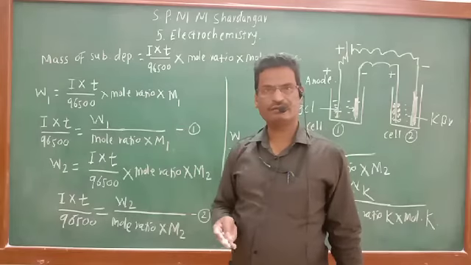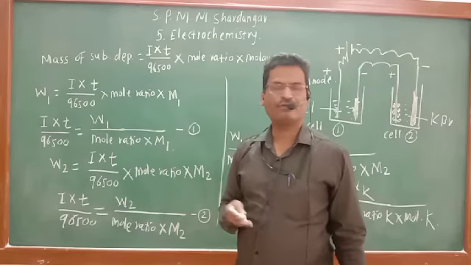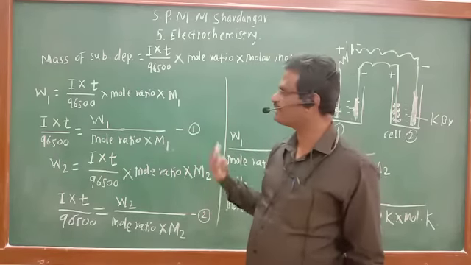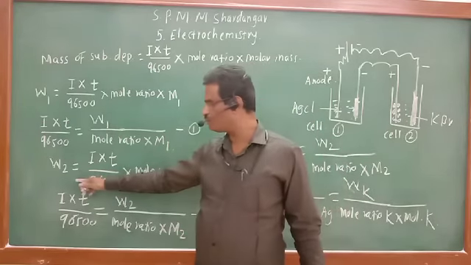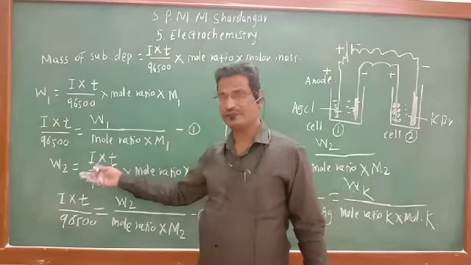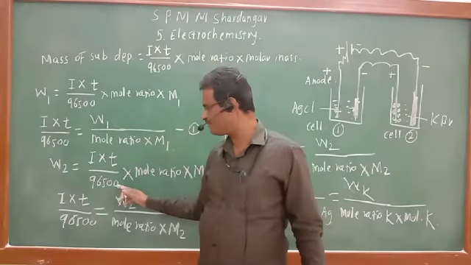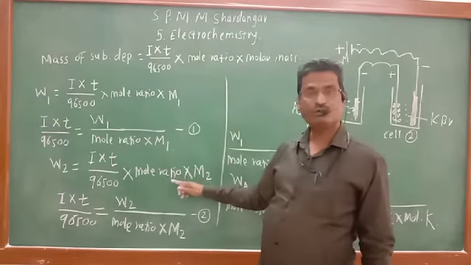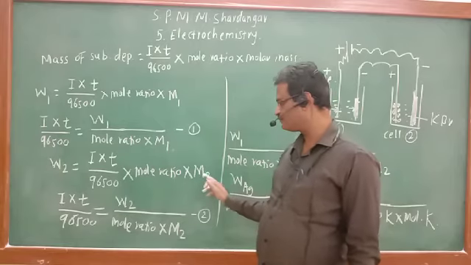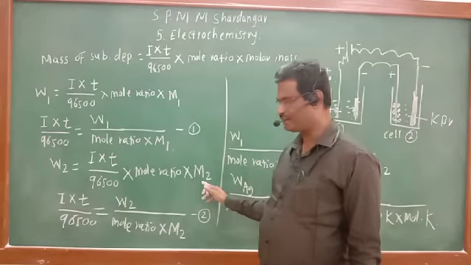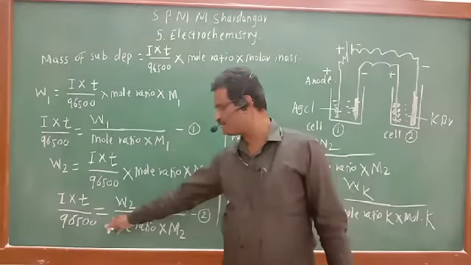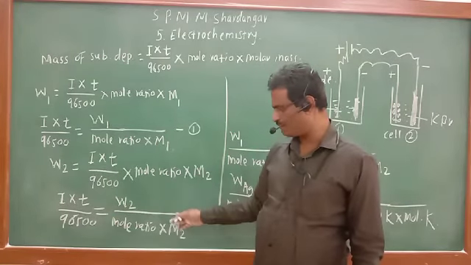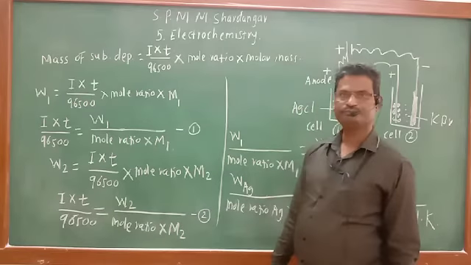In a similar manner, since the same quantity of electricity is passed through the second cell also, the mass of the substance deposited W2 in the second cell is equal to IT divided by 96,500 into mole ratio of the second cell into molar mass of the second cell. Rearranging this equation, it is IT upon 96,500 equals W2 upon mole ratio into M2.